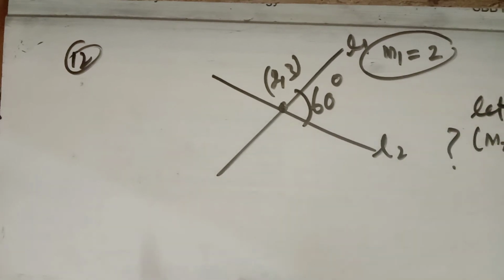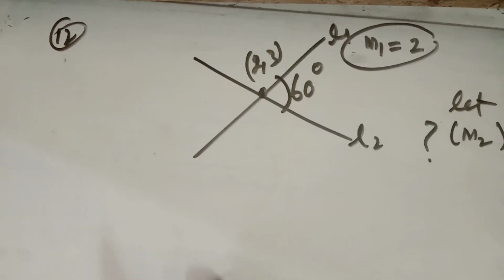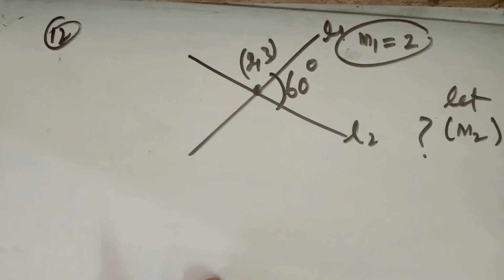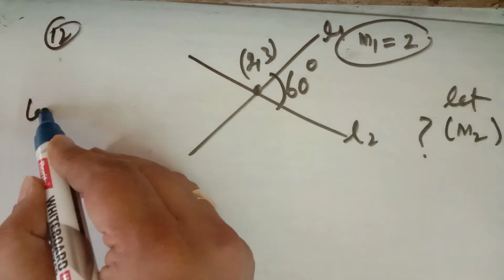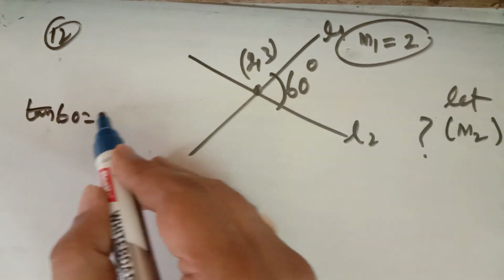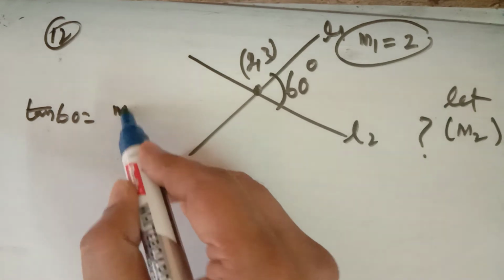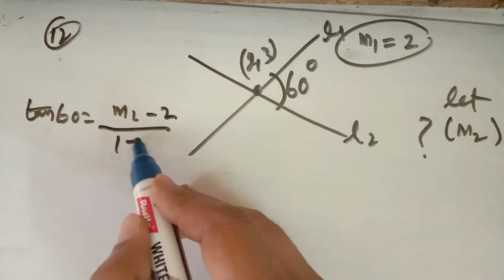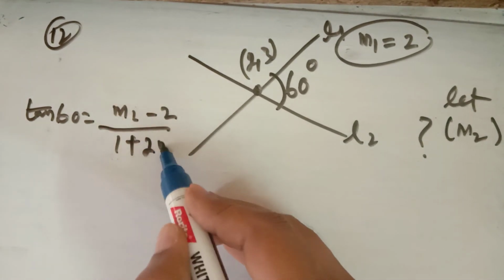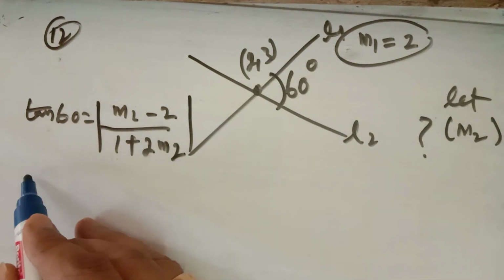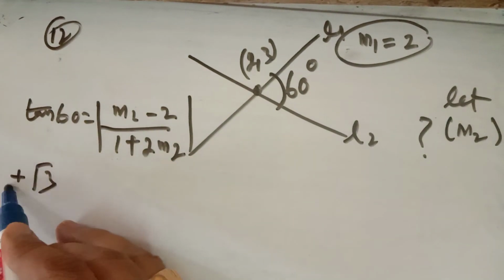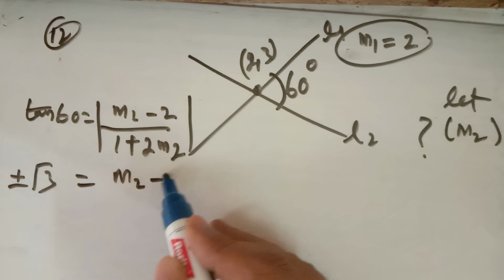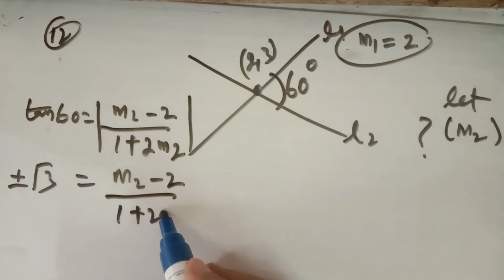L2. Now first of all we can find the slope of the second line by using the angle between two lines formula, that is tan theta is equal to the modulus of m2 minus m1 upon 1 plus m1 into m2, and it is root 3. When you remove the mod sign on the right hand side, you will get this.